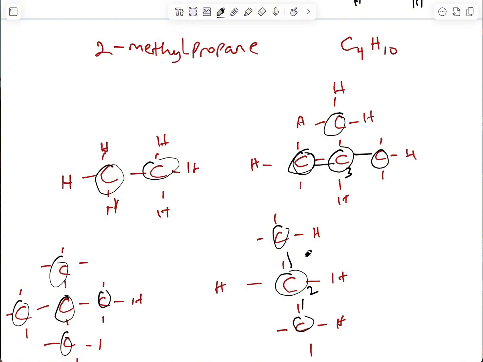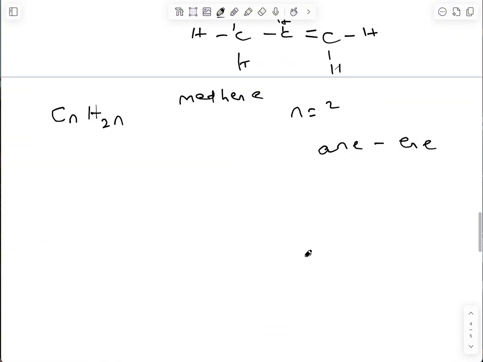If I start naming now, let me just choose a random thing to name. Let's say we have C, C, C, there's a double bond here, then we have a C here.